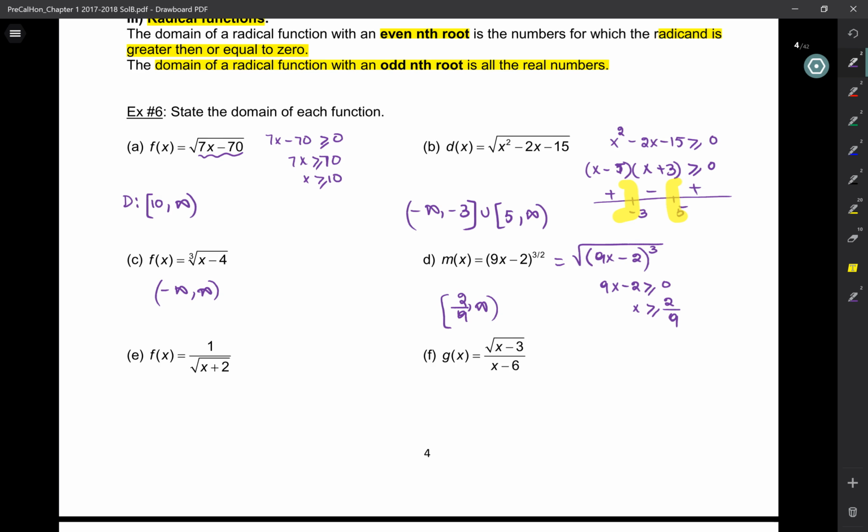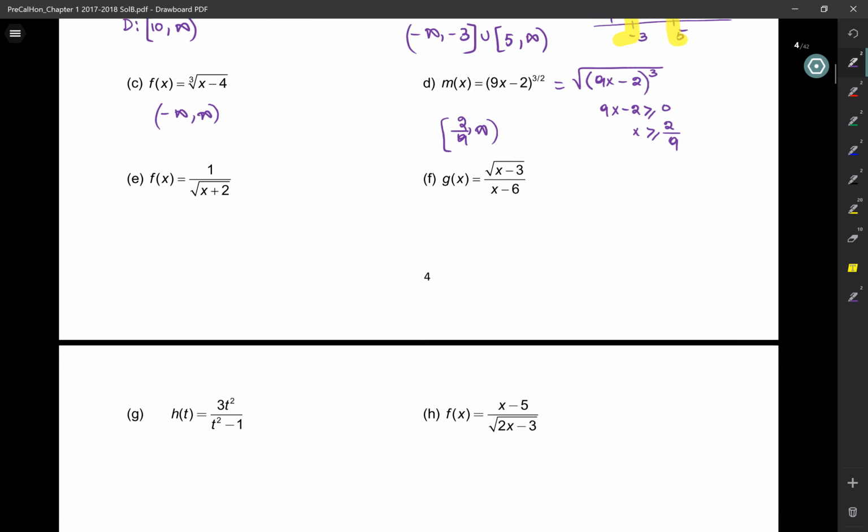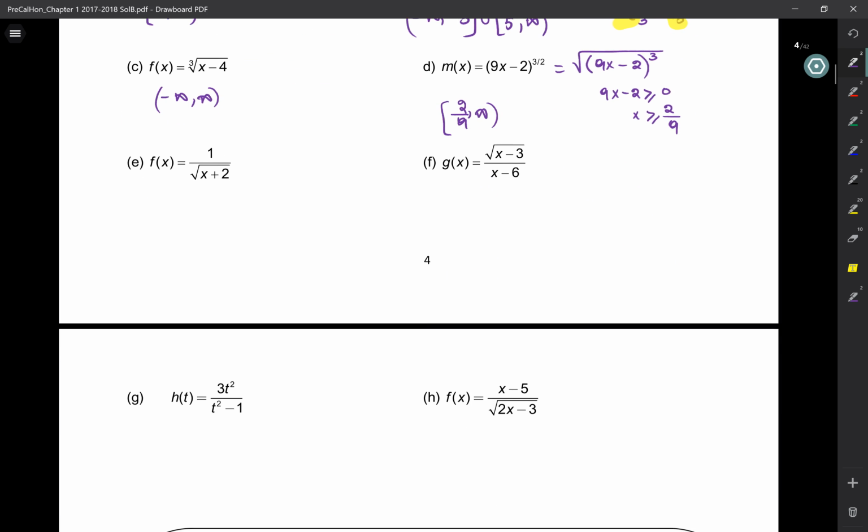Take a look at this one. Oh my. All sorts of stuff here. First of all, we have a root and it's in the denominator. Root means it has to be greater than or equal to 0.